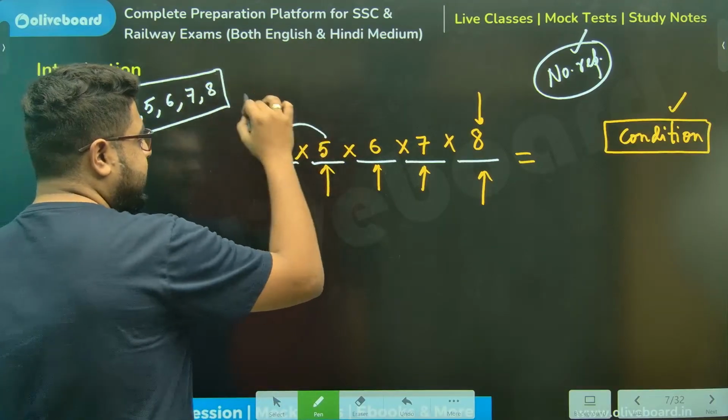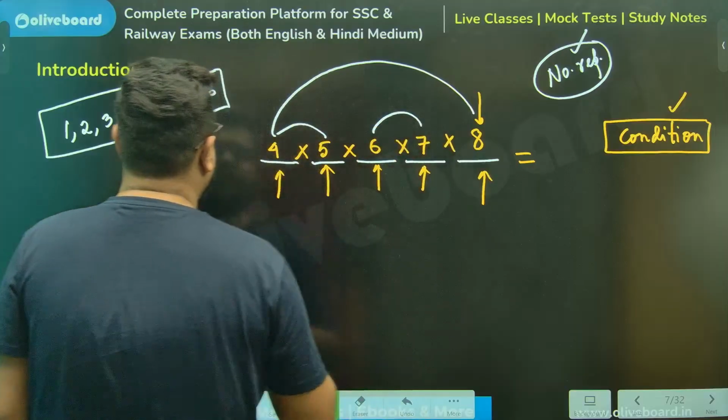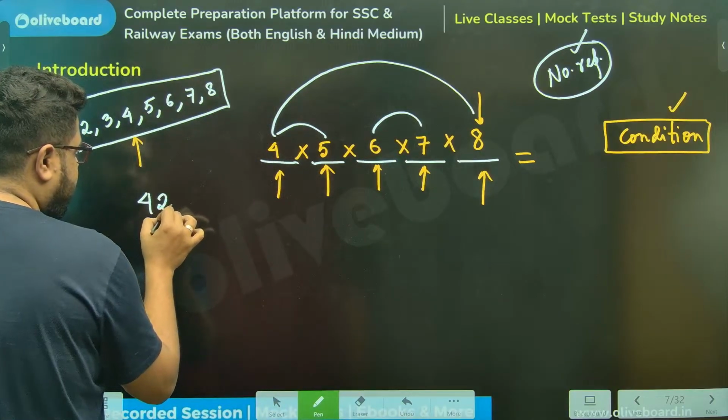5 fours are 20. 2 8s are 16, so 160, and this is 42. Sir, 42 into 16.